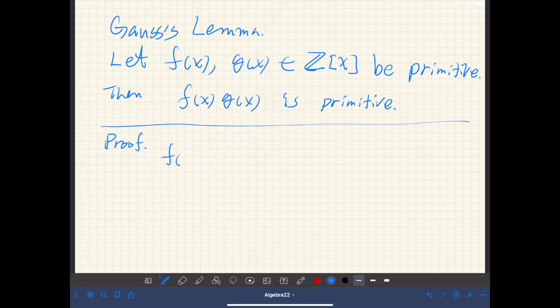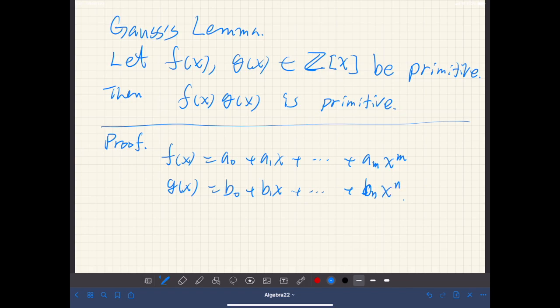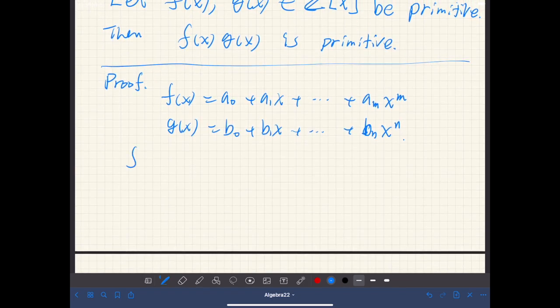So suppose f of x is a0 plus a1x plus and so on up to, let's say, am x to the power of m, and g of x is b0 plus b1x and so on up to bn x to the power of n. And also, let's write f of x times g of x as c0 plus c1x and so on.